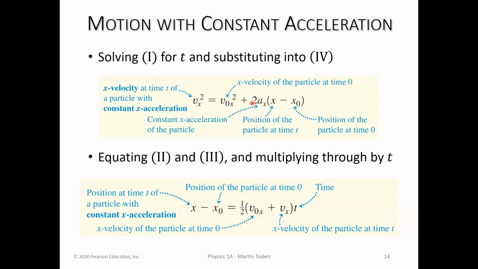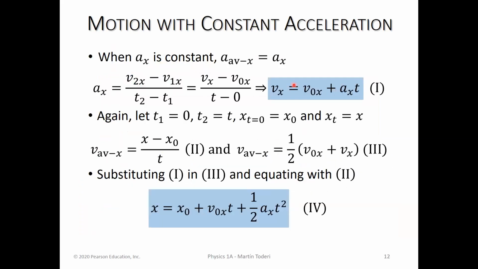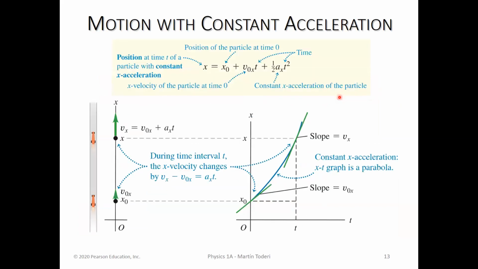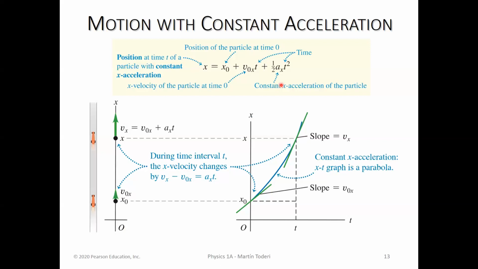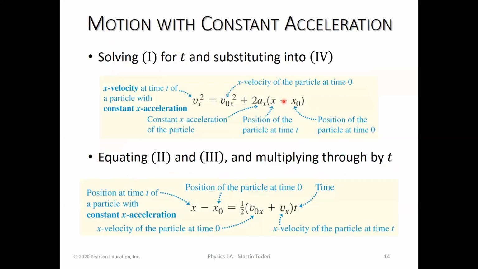So solving one for t, let me go back here, we can express t as vx minus v0x over the acceleration, and then we can plug that in our expression for x, which is this one. We can get rid of time, right?